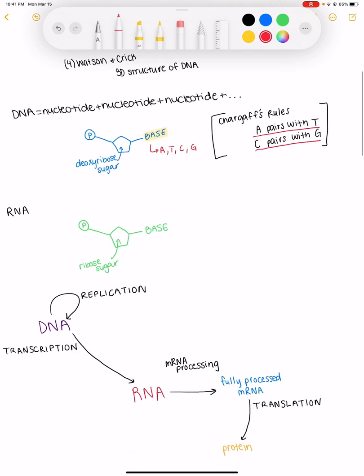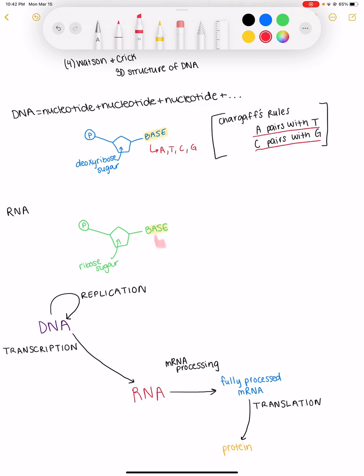With RNA, however, which we'll talk a little bit more about when we're thinking of transcription and translation, RNA has a very, very similar structure. It has a phosphate group. It has a sugar as well, but in RNA, it has a ribose sugar, and it also has some bases that look a little different than what we see in DNA.